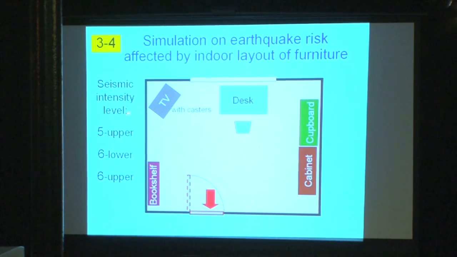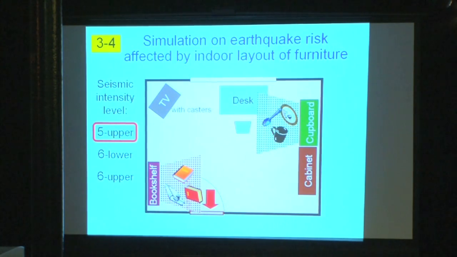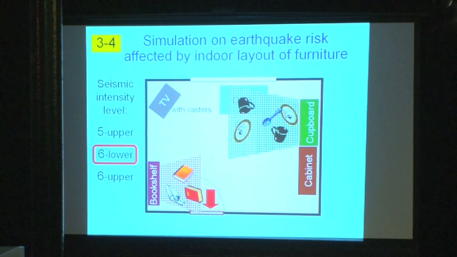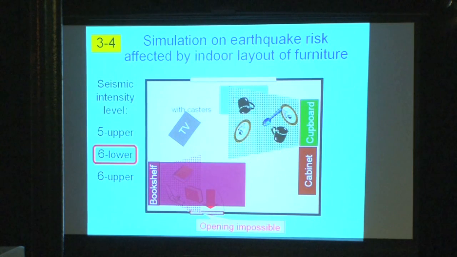The seismic intensity level reached 5 upper. Some books and dishes are thrown out, and the level goes up to 6 lower. Most of the dishes are scattered wider, and the television with casters moves, and a slender bookshelf falls on the floor and blocks the exit.